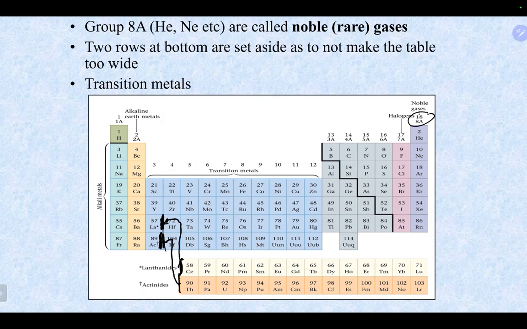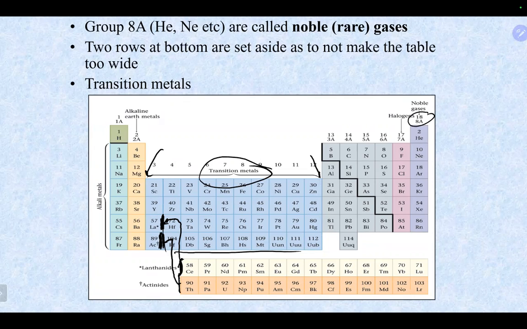Between group 2 and group 3 on the periodic table, basically from here to here, between SC and zinc and down, those are transition metals. So our transition metals, again, start here to here and include everybody underneath.